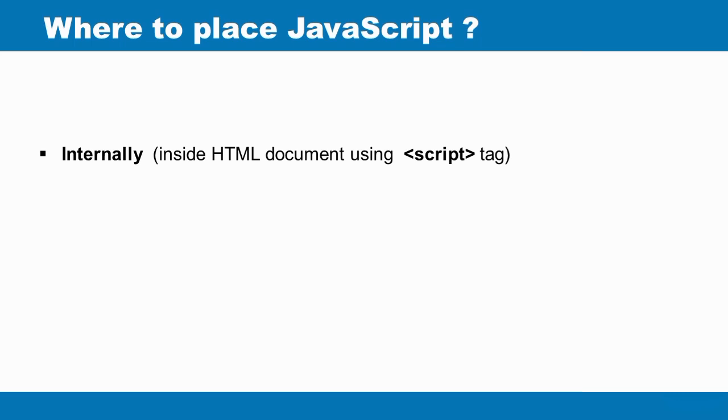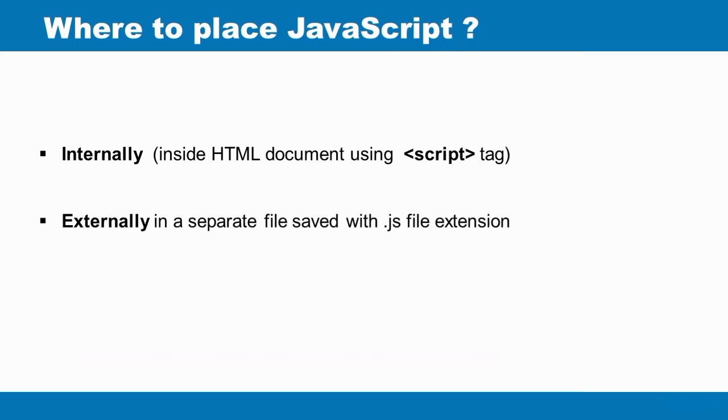You can also add JavaScript externally via an external JavaScript file that has a .js file extension. So any file externally from the HTML document with a .js file extension is known as the external JavaScript, and you can reference that from your HTML document using a script tag.